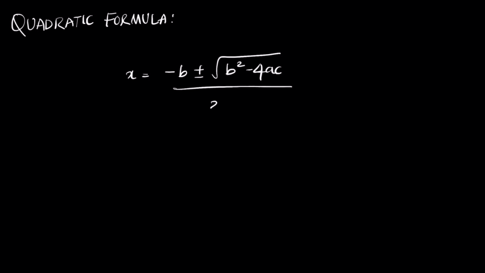The formula is x equal to minus b plus or minus under root b square minus 4ac over 2a. Here a, b, c are the values that you get from ax square plus bx plus c equal to 0. These are the values that we use in the formula.